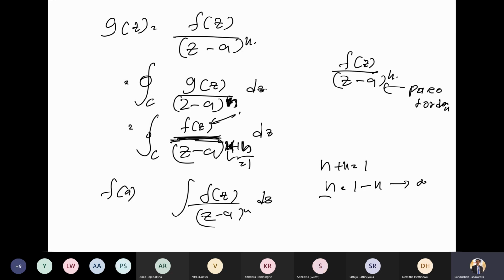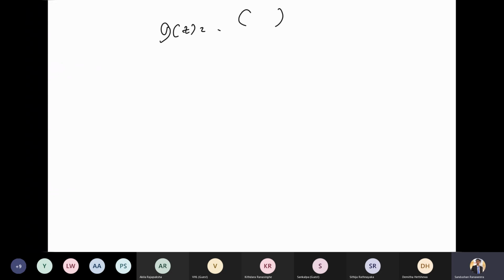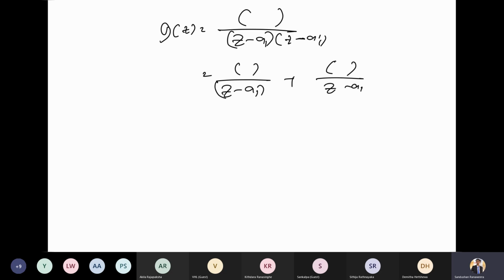So whatever you have to do, if you are given some function with a denominator, first partial fraction this function, so you have something in the numerator over z minus a1, plus something over z minus a2, and so on. You can only keep one pole in your denominator if you want to calculate.